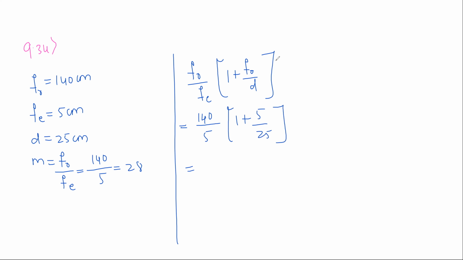So 140 divided by 5 is 28, and 1 plus 5 divided by 25 is 1.2. So this is 28 into 1.2, and we are getting 33.6. So this is the solution for 9.34. Next we shall move to 9.35.